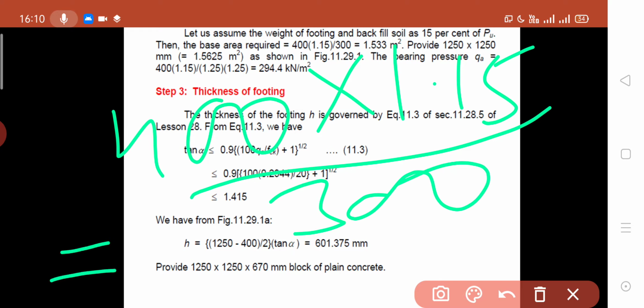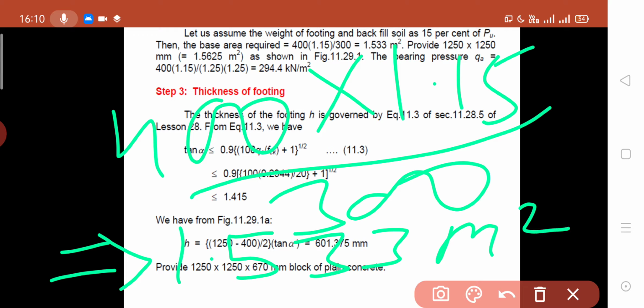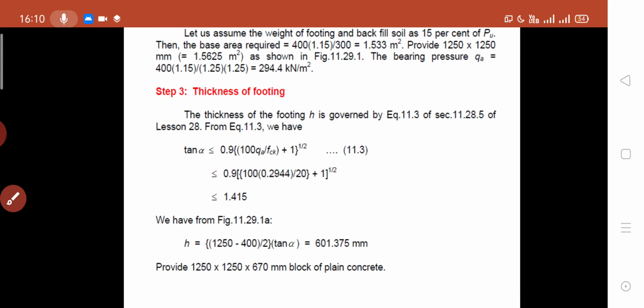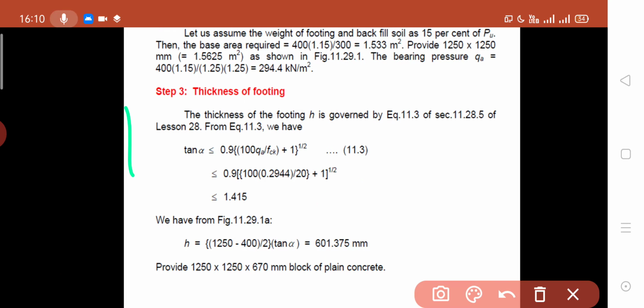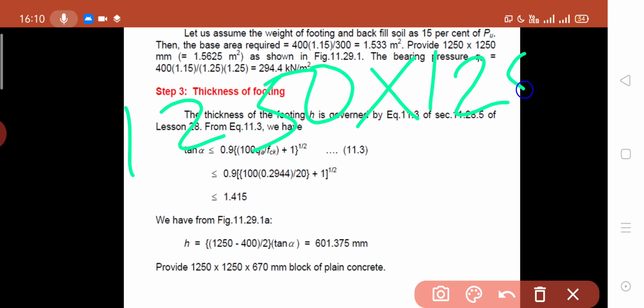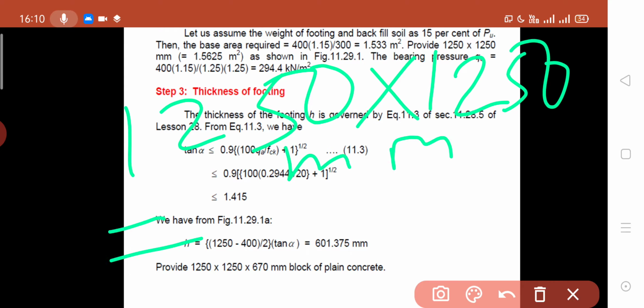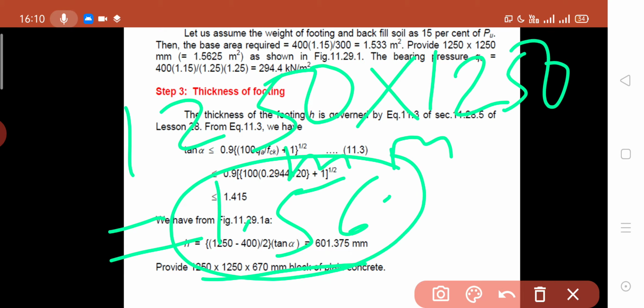So we get the base area required as 1.533 meter square. So we provide a base area of 1250 into 1250 mm. This area is 1.56, which is about equal to 1.533.